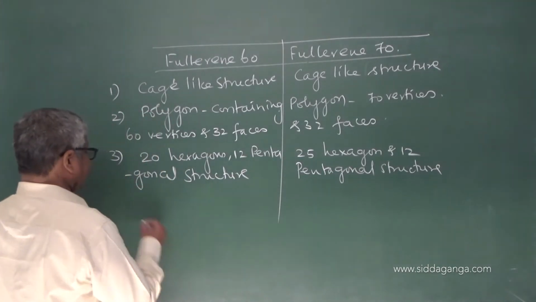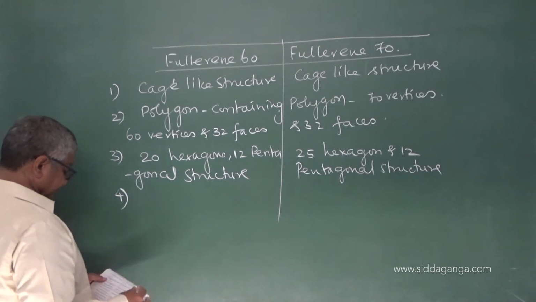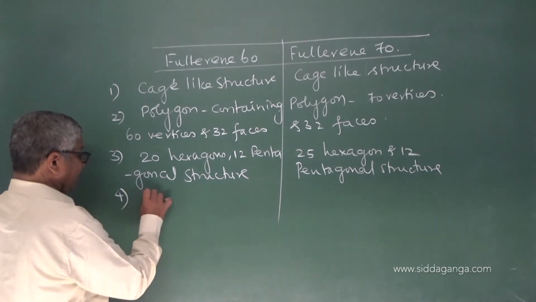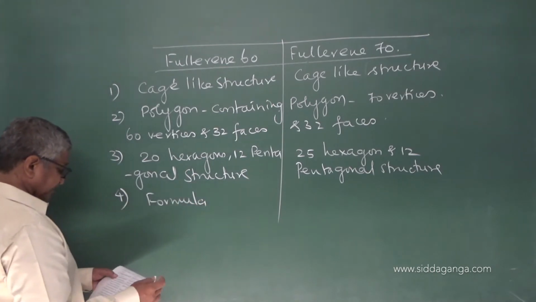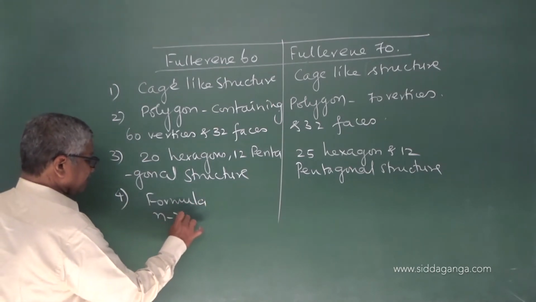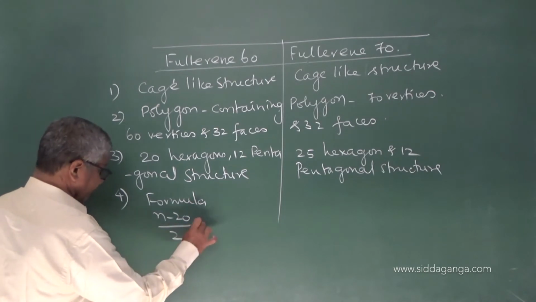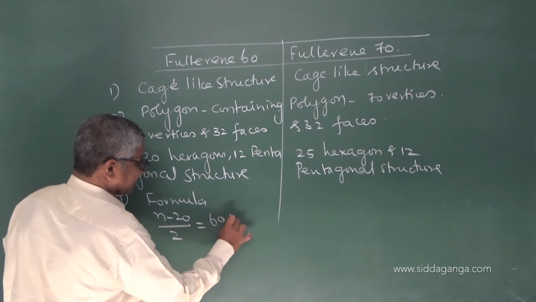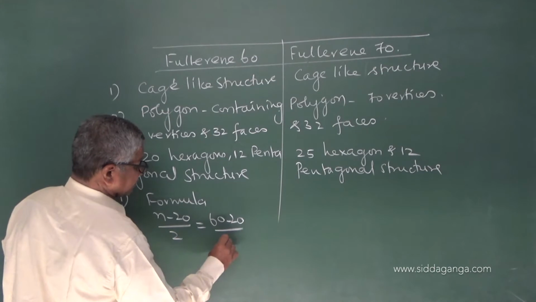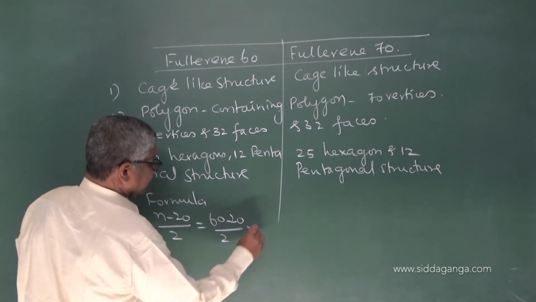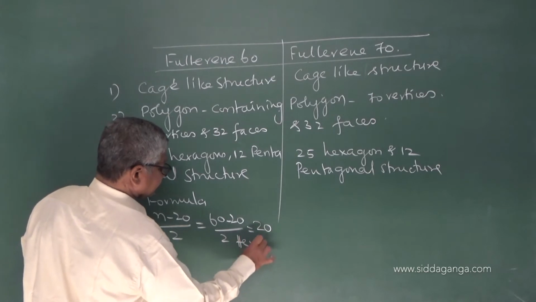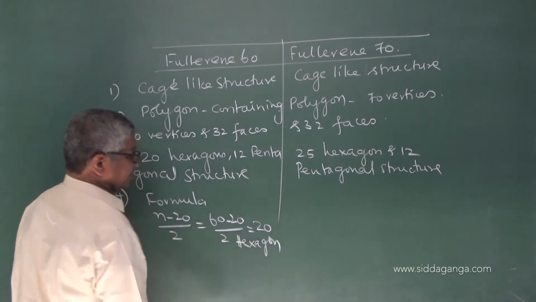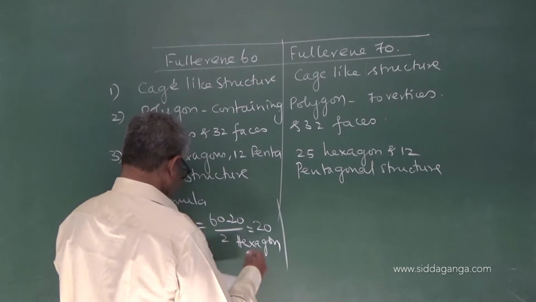This is the formula to calculate the hexagonal rings: n minus 20 divided by 2. For 60 vertices, 60 minus 20 divided by 2 gives 20 hexagons.